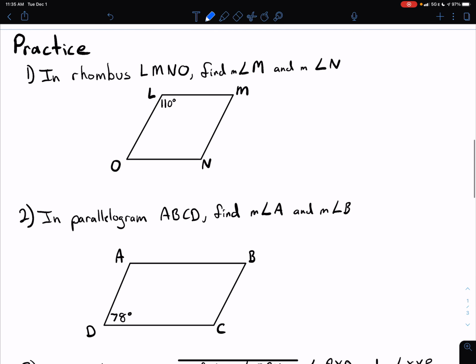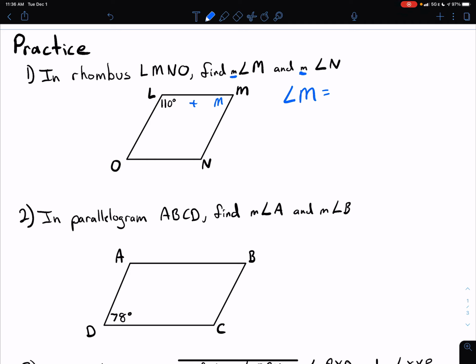All right, so let's see this at work. Let's do some practice problems. In rhombus LMNO, find the measure of angle M and the measure of angle N. This little m here stands for measure. Let's talk about angle M first. This angle plus angle M has to be 180 degrees.